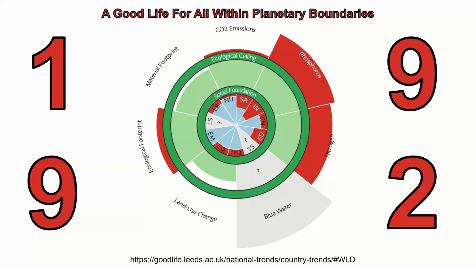There are many other factors that have an impact on the ability for life to thrive on this planet. Material footprints, ecological footprints, blue water, land use changes, etc. So this was in 1992, showing that phosphorus and nitrogen usage were already going beyond the boundaries.